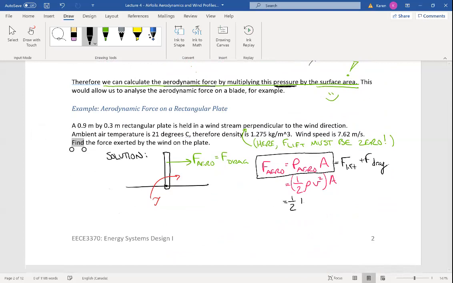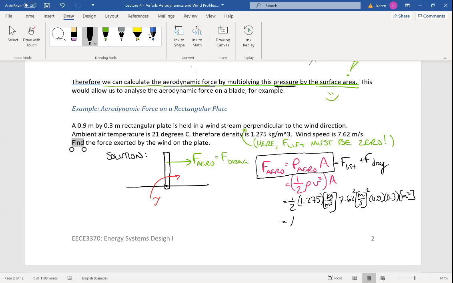Density is 1.275 kilograms per meter cubed. And the velocity is 7.62 meters per second. That has to be squared, so the units have to be squared as well. The area is 0.9 by 0.3, and that would be the unit of meter squared.